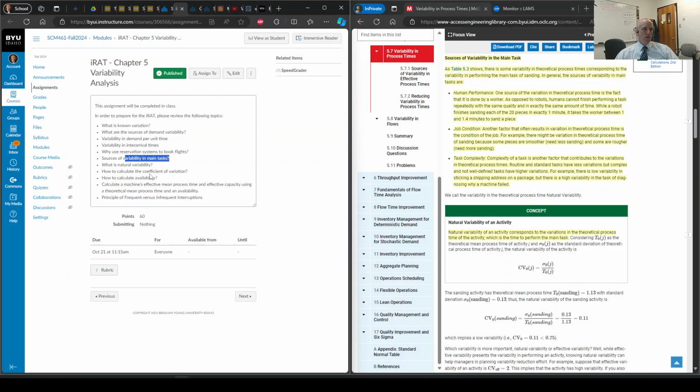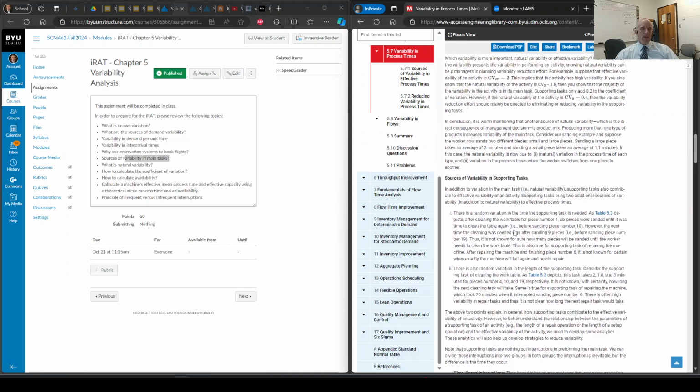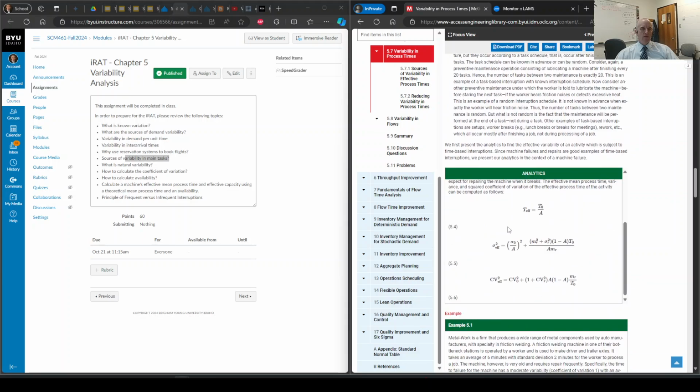How to calculate the coefficient of variation. This is also in this section. The CV is the coefficient of variation. It is the standard deviation divided by the mean. We see that also both from a theoretical perspective. This is a theoretical main process time. And we also see that from an effective perspective.